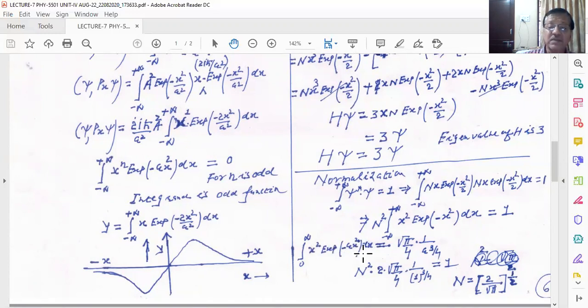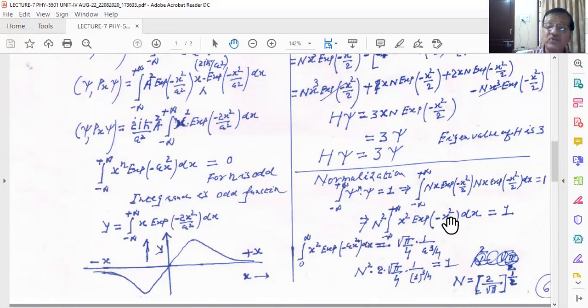Please remember, the lower limit is 0, the upper limit is infinity. So here also you have x squared exponential, you see, here also you basically have exponential of minus a x squared. So here your a is equal to 1 in our case.